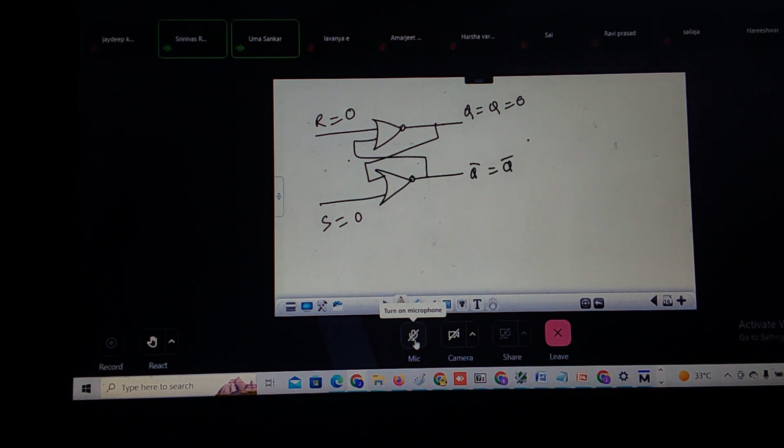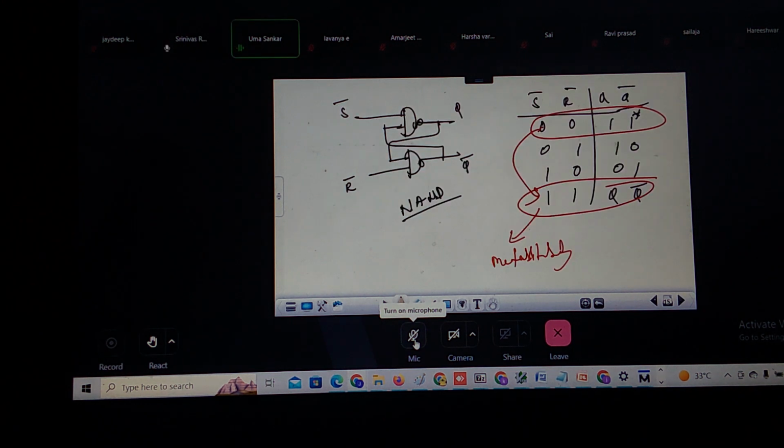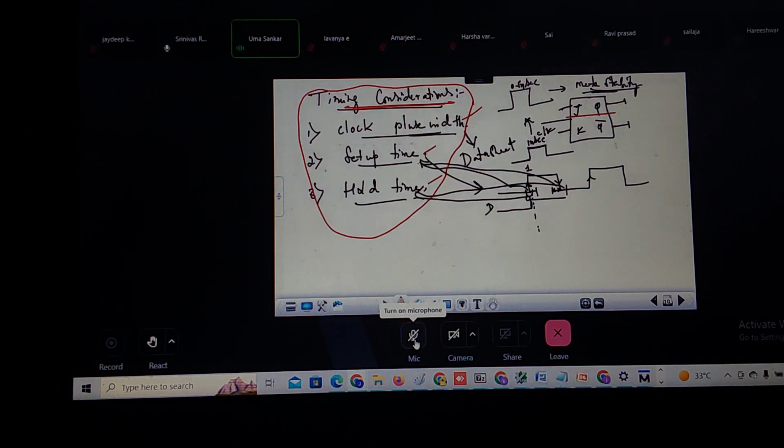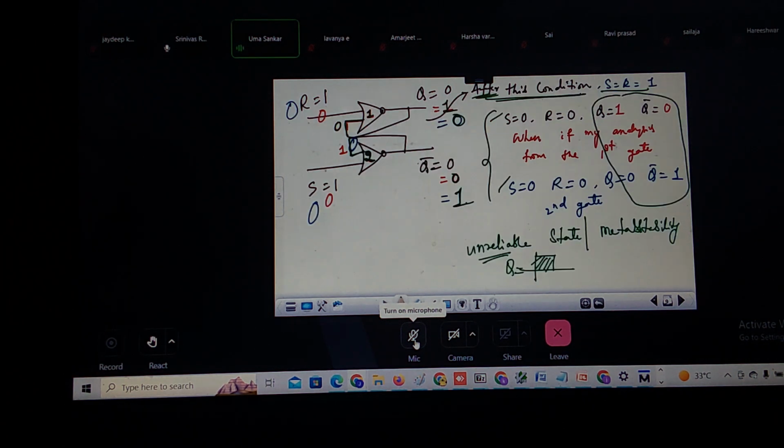If Q is equal to 0, it holds Q equal to 0. If Q bar is equal to 1, it holds Q bar equal to 1. This is acting as memory here. You are saying the 0, 0 case after giving the 1, 0 analysis, no, sir?